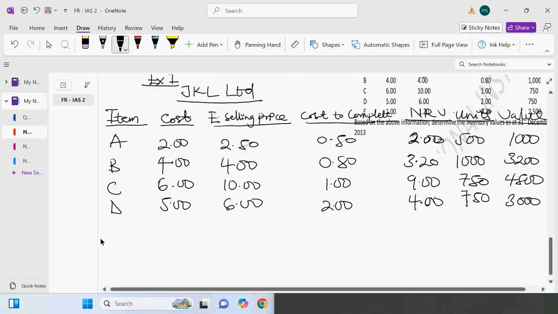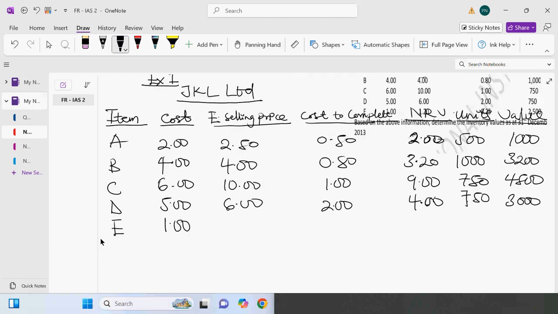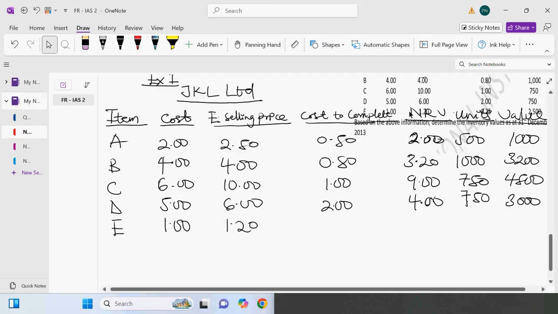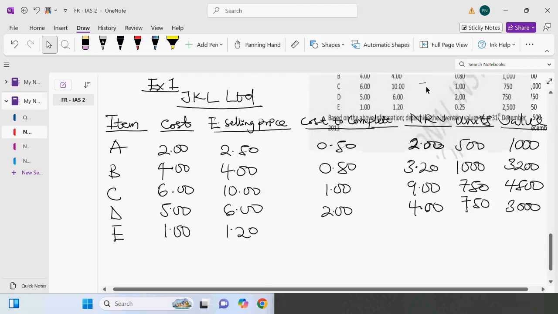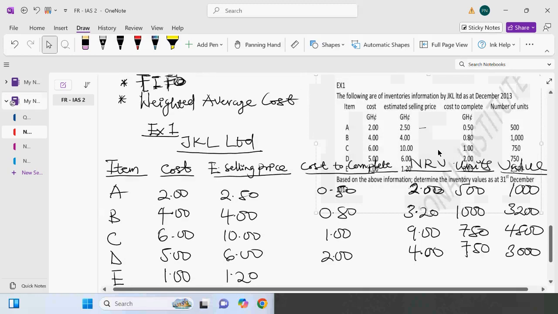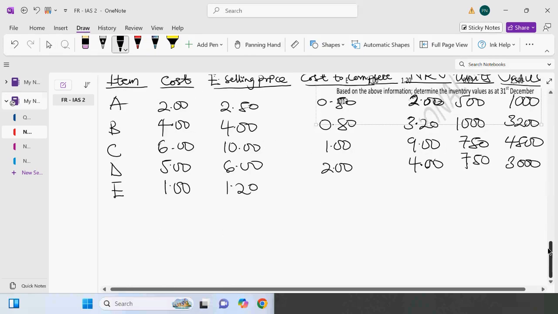Then E, right? E is 1.00, and this is 1.20, and 0.25.